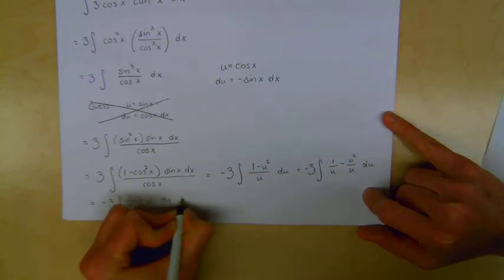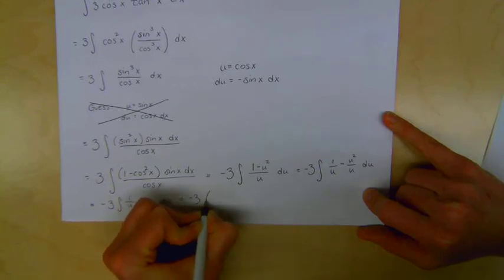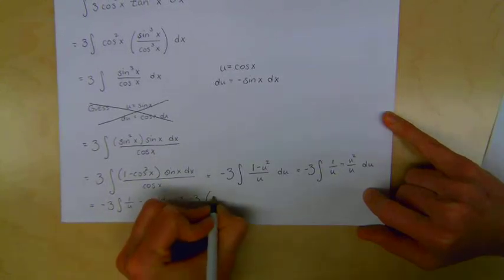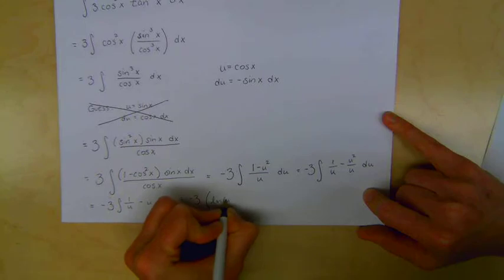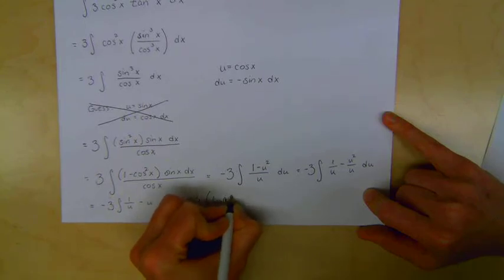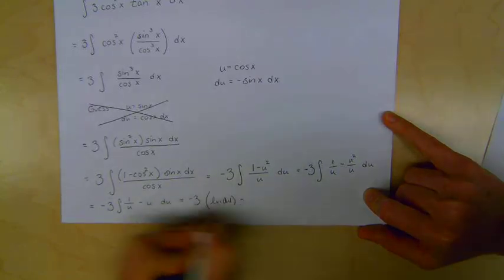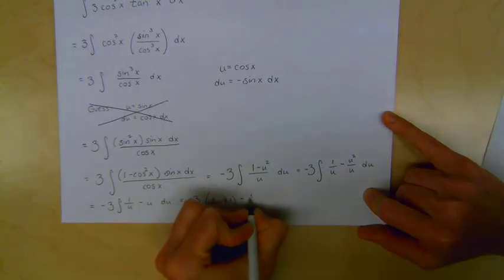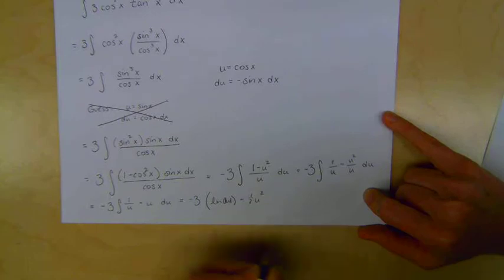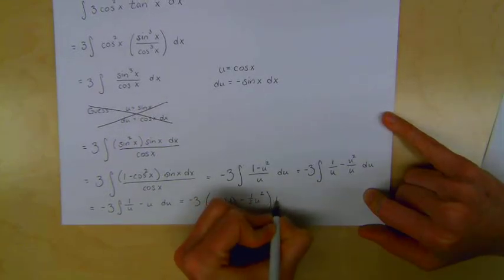This is easy to integrate. This becomes 1 over u becomes the natural log of the absolute value of u, should be precise, minus integrating u becomes 1/2 u squared plus c.